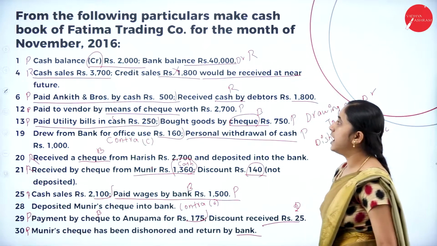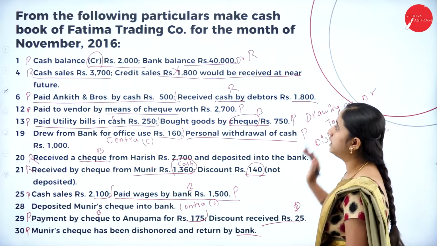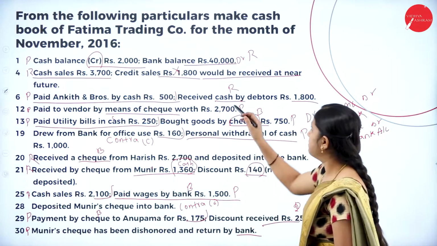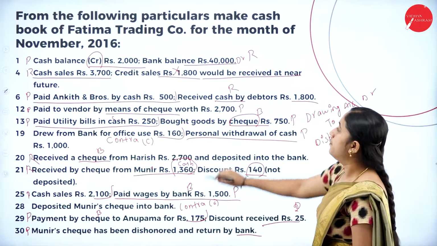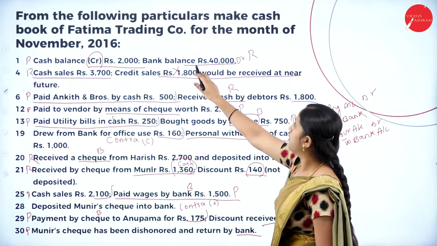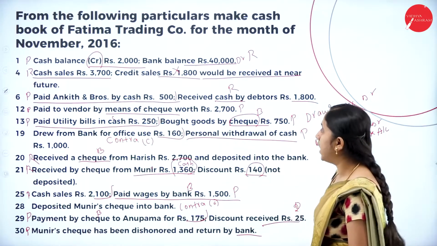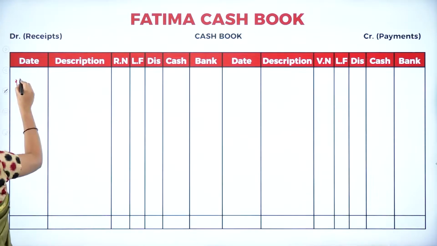So, let us start with the problem. Just post them in a cash book. First, consider cash balance credit 2000 and bank balance 40,000. So, to balance brought down 40,000, by balance brought down 2000, November 1st.